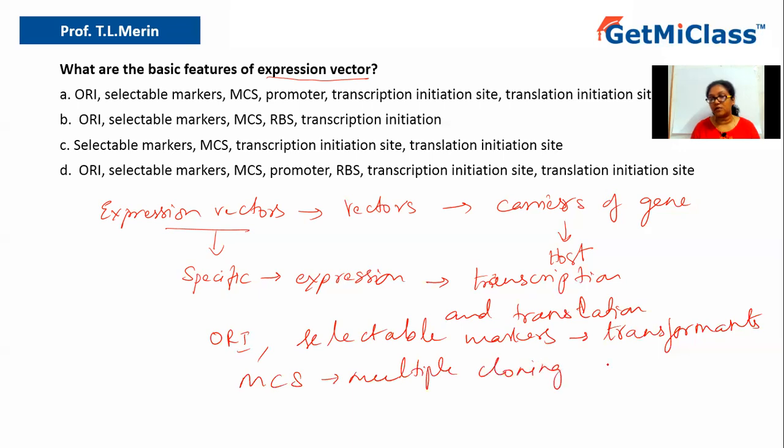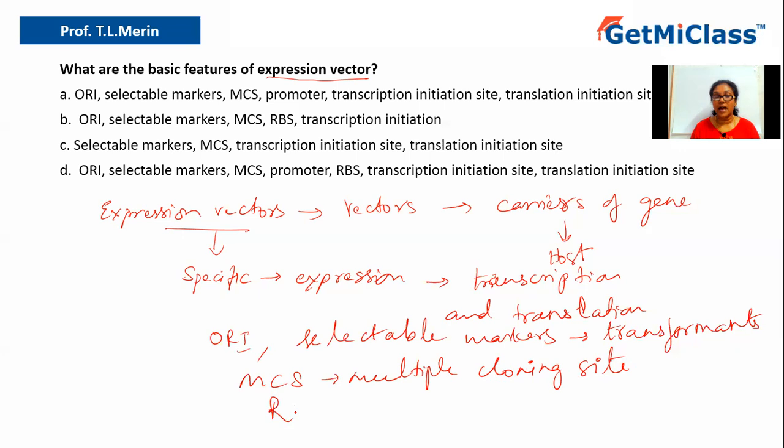What is this multiple cloning site? These are the sites where we can introduce foreign genes, depending upon how many sites they have, so many different foreign genes can be introduced. That is what a multiple cloning site is.